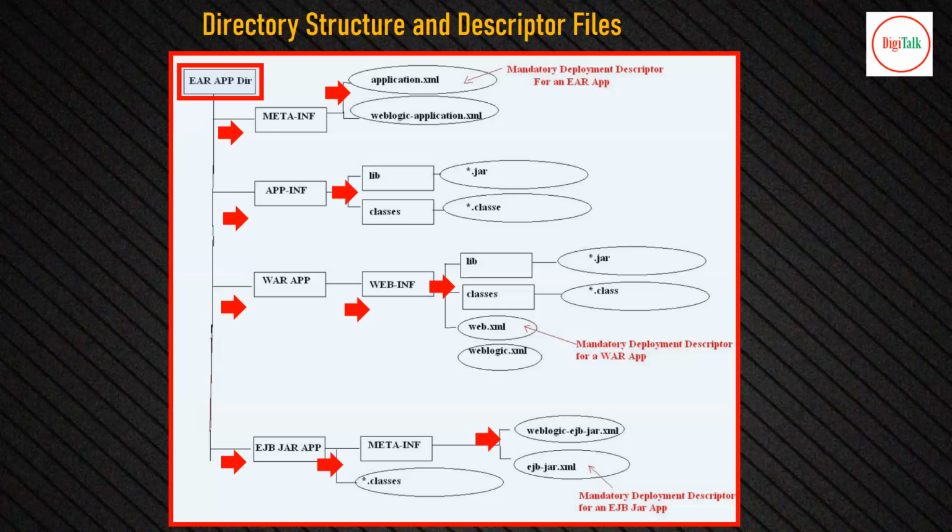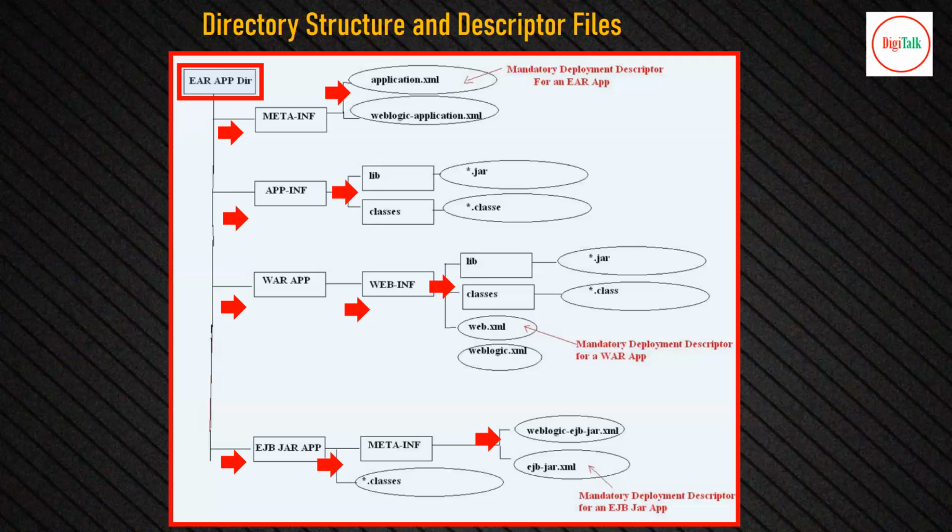And then for EJB jar app, you have to create a folder with name META-INF. Apart from that, you can place your class files directly inside your EJB jar app folder. Inside META-INF, you will have 2 important descriptor files, weblogic-ejb-jar.xml and then ejb-jar.xml. These are the mandatory deployment descriptors for an EJB jar application.